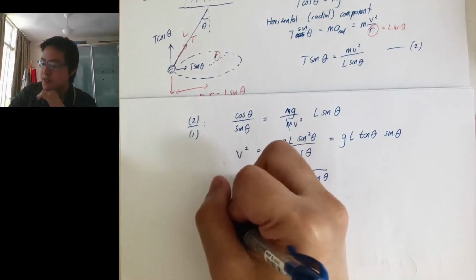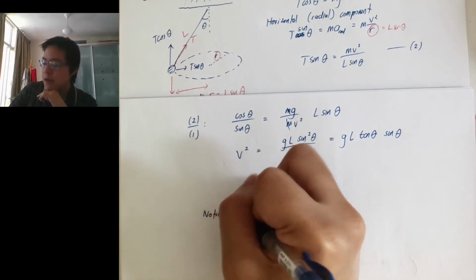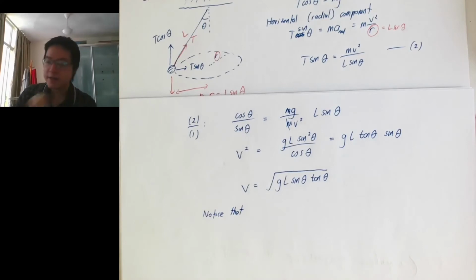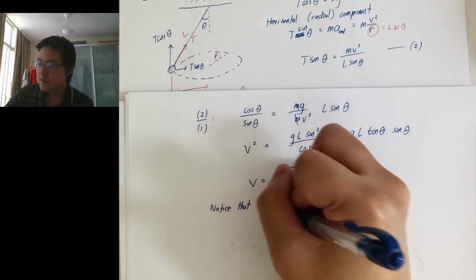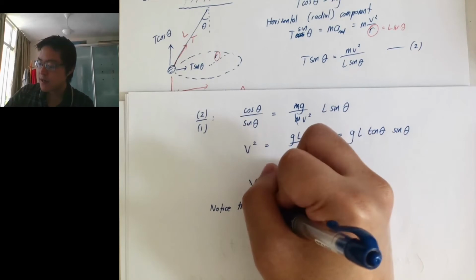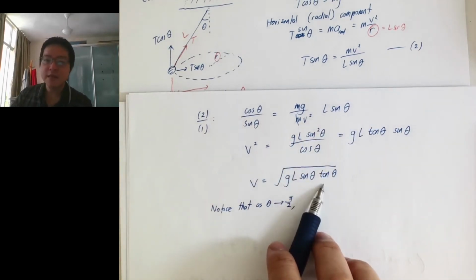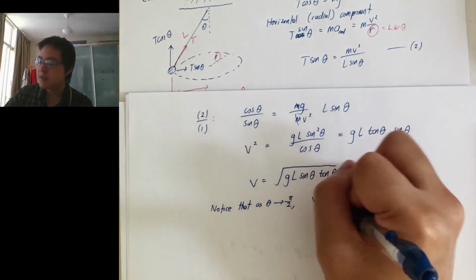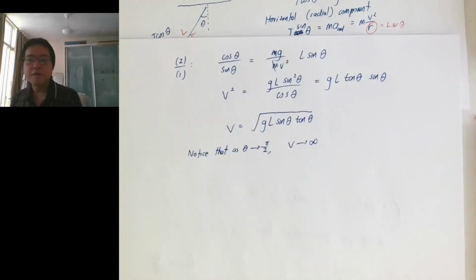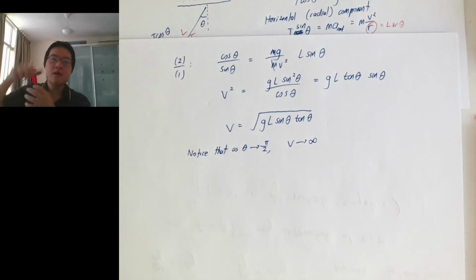Let's figure this out. So what happens when theta goes to 90 degrees? Tangent 90 becomes infinity. So it's impossible for you to have a perfectly horizontal pendulum.